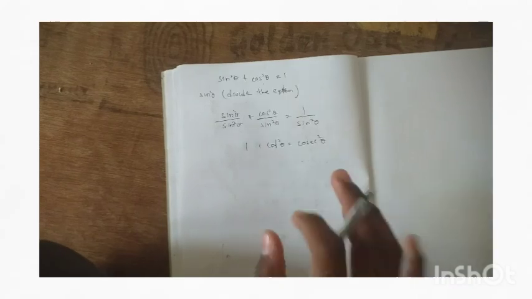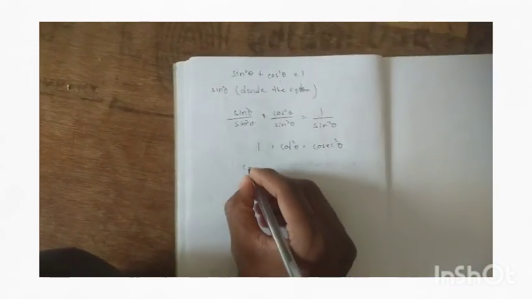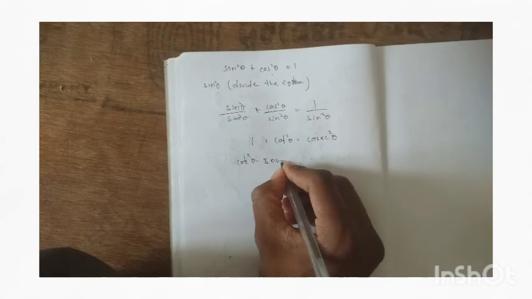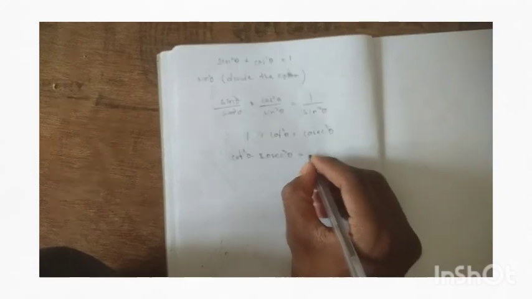So we can write it as cot square theta minus cosec square theta is equal to 1.